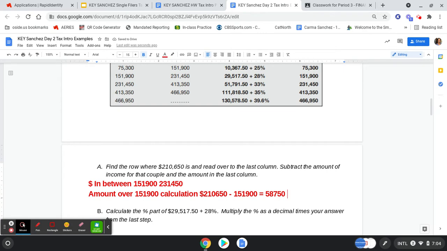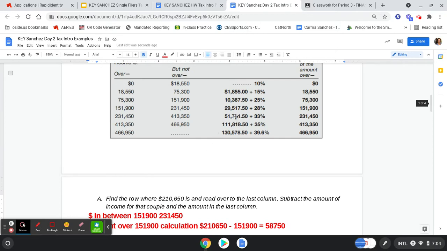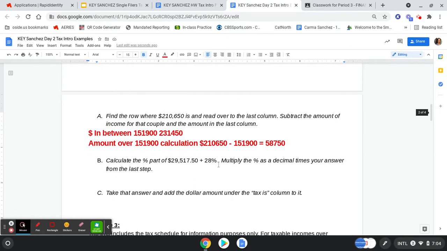We need this amount to see the percentage. So now if I go back to that row, that's our part A. Now calculate the percentage of that. Notice if I go all the way across, it says 29,517.50 plus 28%. You're going to multiply the percent as a decimal times your answer from the last step.